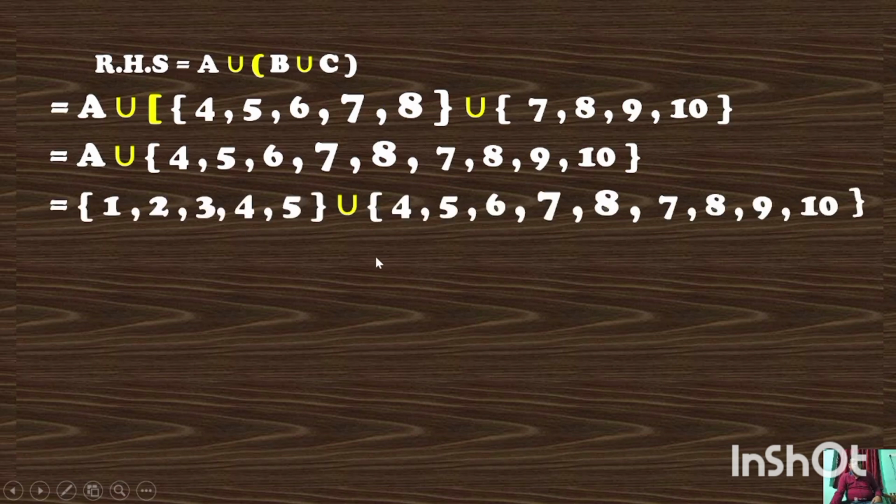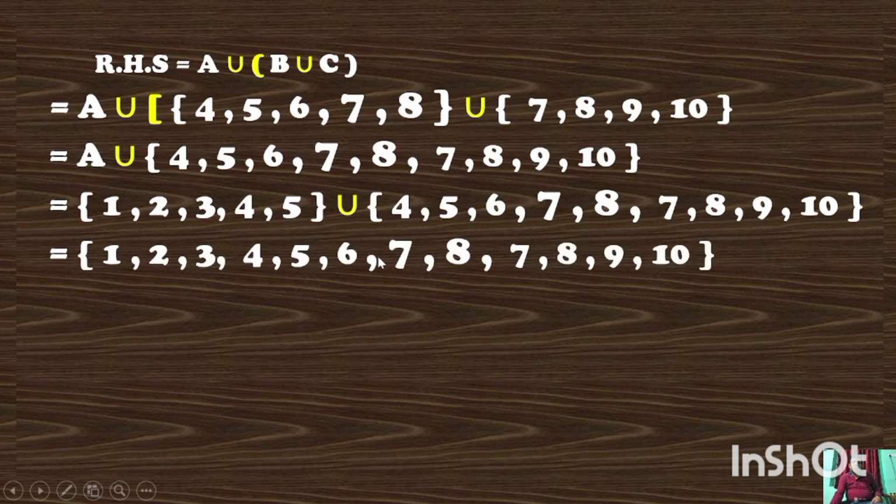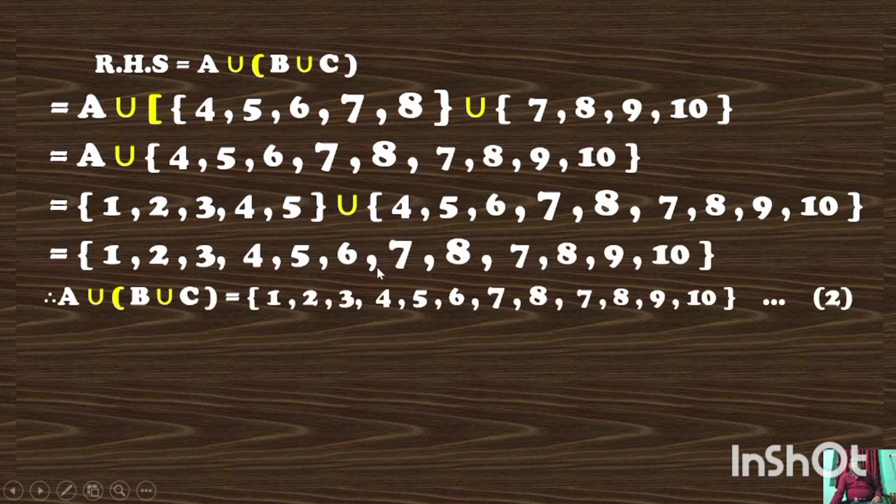Here you see clearly that (A union B) union C and A union (B union C) also have the same elements, which are 1, 2, 3, 4, 5, 6, 7, 8, 7, 8, 9, 10. So these elements have been repeated. If the elements are repeated and they are the same element, we can write the set here.